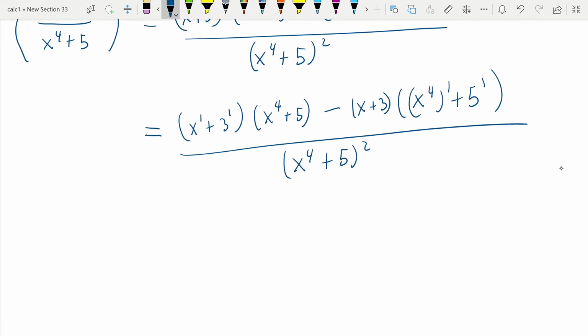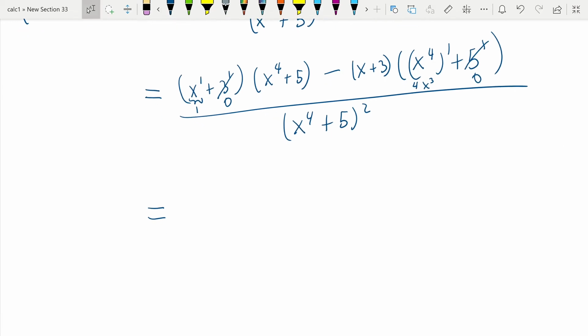Now, x prime is just 1. For 3 prime, remember that the derivative of a constant is 0. And for x^4 prime, we just apply the power rule, so we obtain 4 times x cubed. And 5 prime, again a constant, differentiated gives us 0.